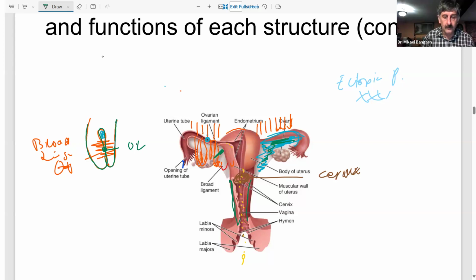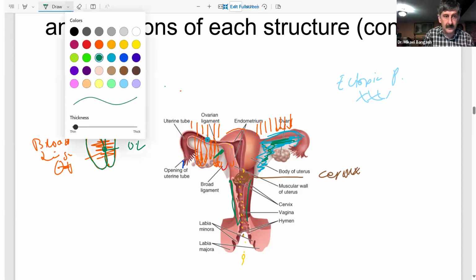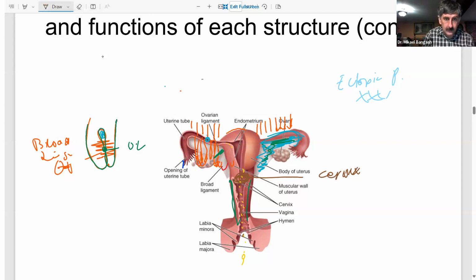On your fallopian tubes, the same happens at the uterus. This is the uterus. Peritoneum comes down, peritoneum comes up. Peritoneum comes down, peritoneum comes up.